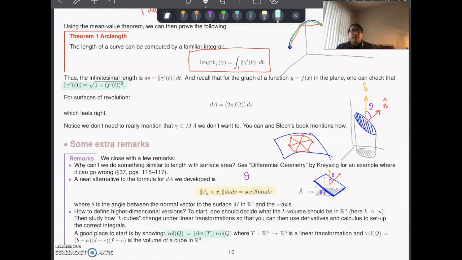And if you want to see how it changes under a linear transformation, the determinant of a linear transformation is going to change, let's say, the unit cube into some parallelepiped, and the absolute value of that. We actually have to worry about the order of the vectors, but that's an entirely different lesson that I don't want to get into. Anyways, those are the last couple remarks, mostly this really cool alternative derivation of theta.